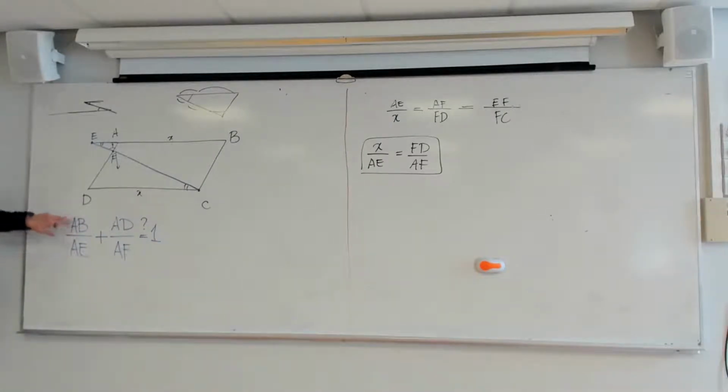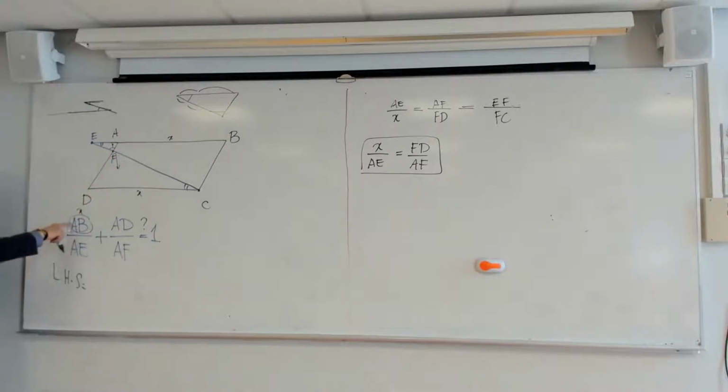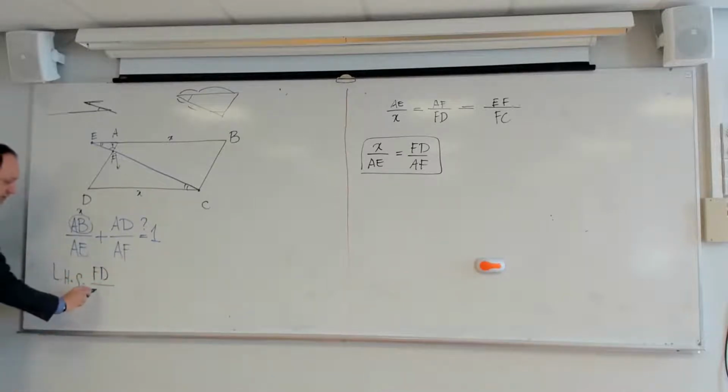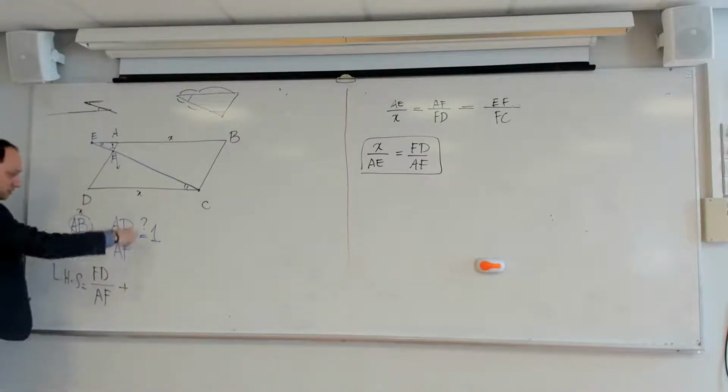Why? Because of the denominators. Let me start from the left-hand side. Instead of AB, I put X. So this is X over AE. But we learned that X over AE has another name. Instead of X over AE, I can write FD over AF. Plus, I repeat this part again.